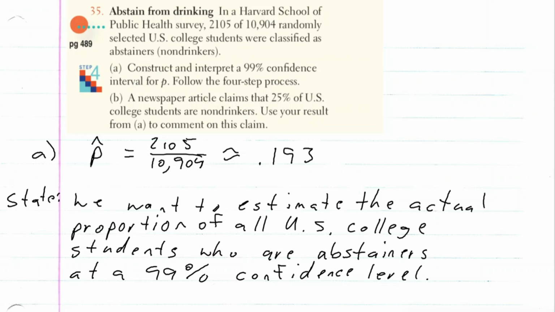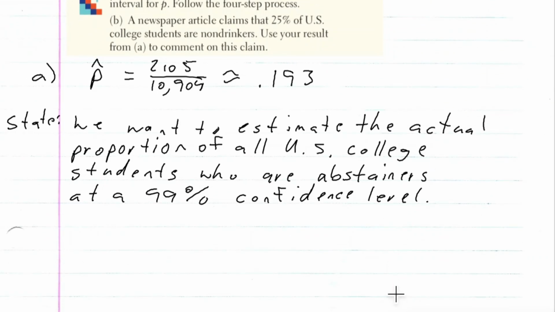So that's what we want to do. We want to construct this 99% confidence interval given a sample proportion from one of the samples.